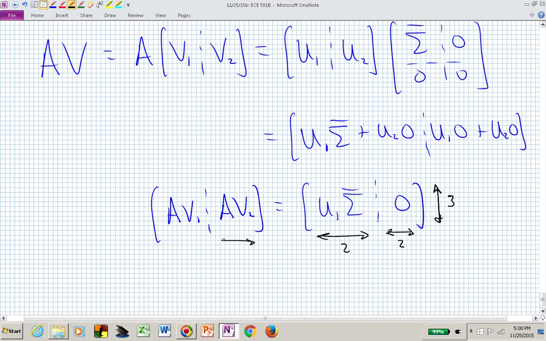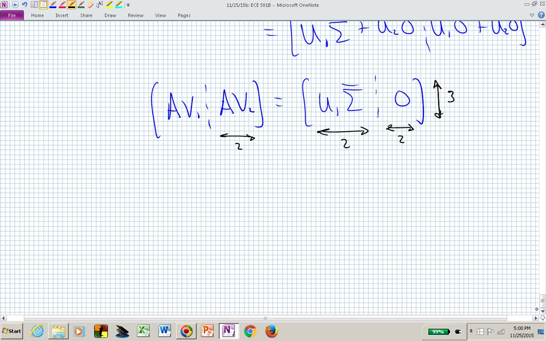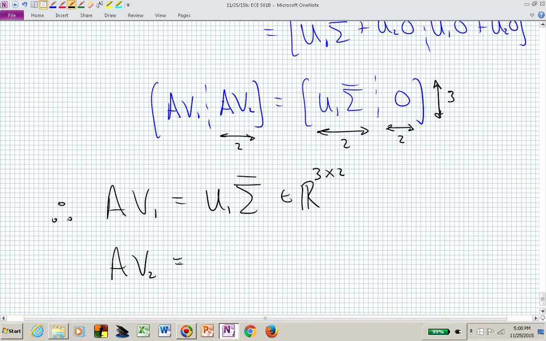And if we look, this is now 2 columns wide, and what can we say? Now we can make this association with the similar blocks in this block matrix decomposition. We can see that AV1 is in fact U1 sigma bar, which is a 3 by 2, and AV2, the columns in V2 are actually spanning the null space of A, and this 0 matrix is 3 by 2.